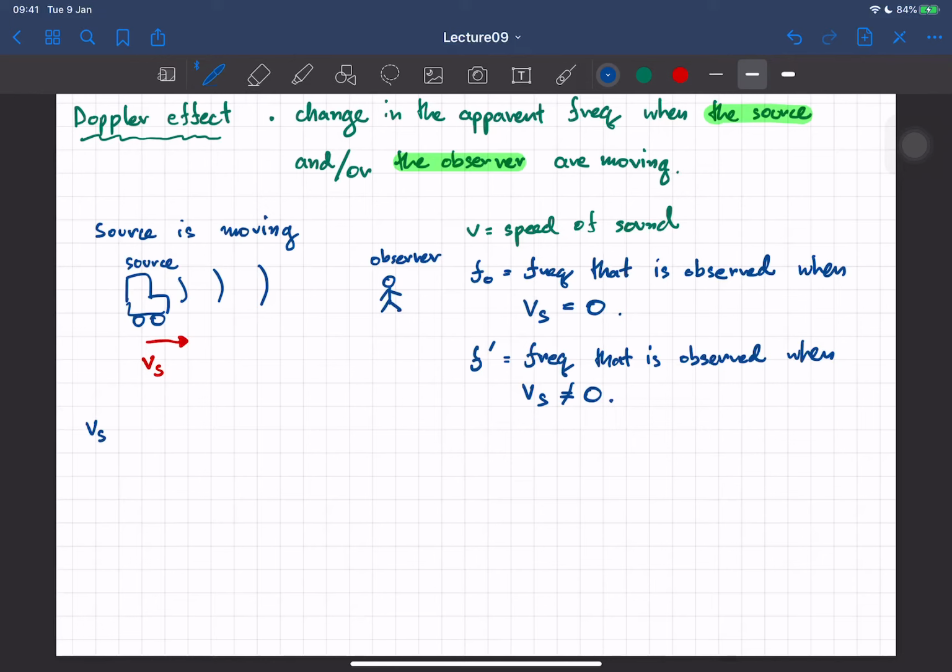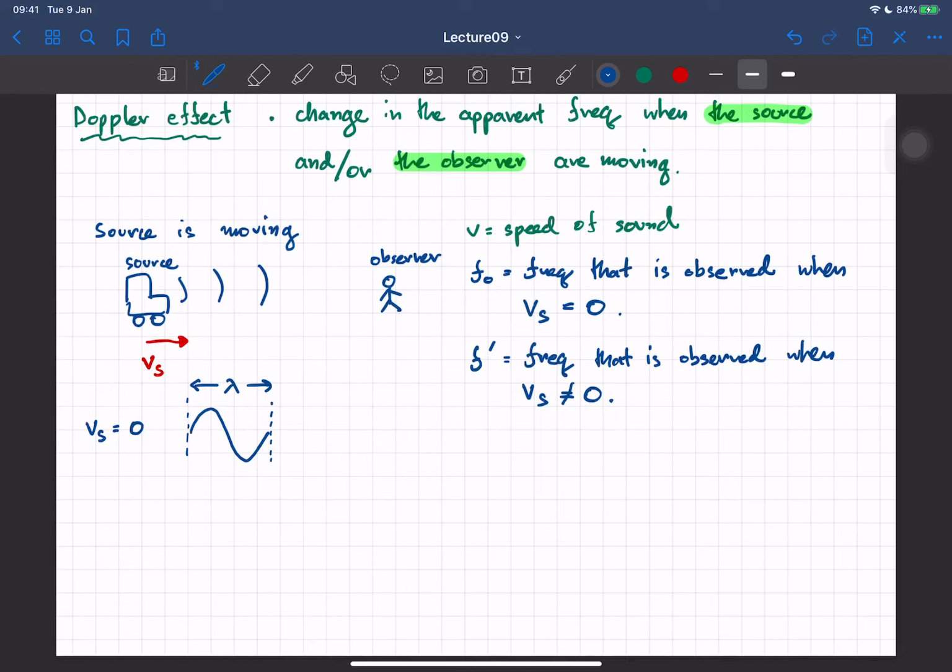When Vs is equal to 0, the source is not moving, then the wave will probably look like this. Okay, and I'm drawing just one section of the wave, so it should be clear to you that this is the wavelength of the wave.